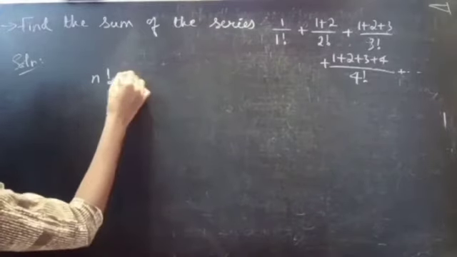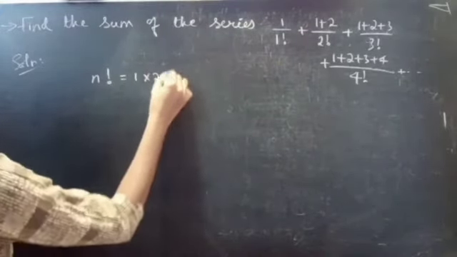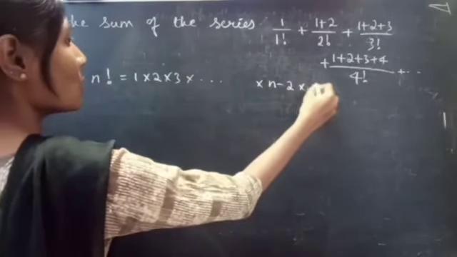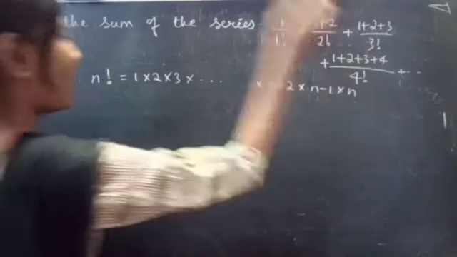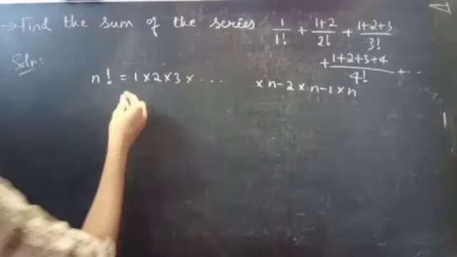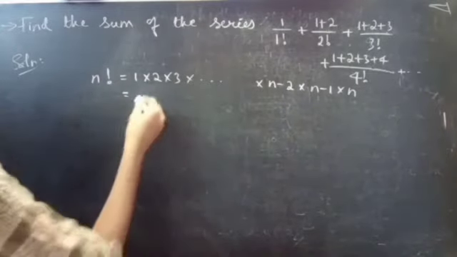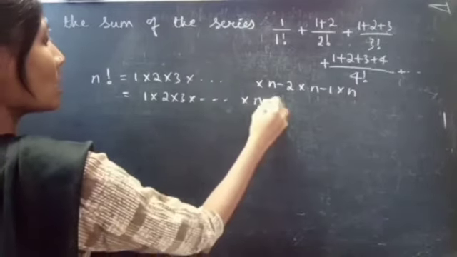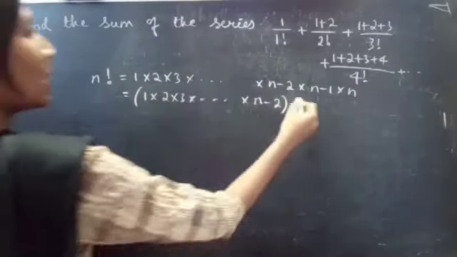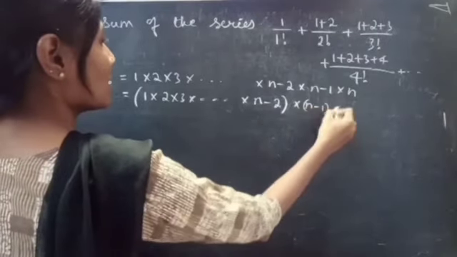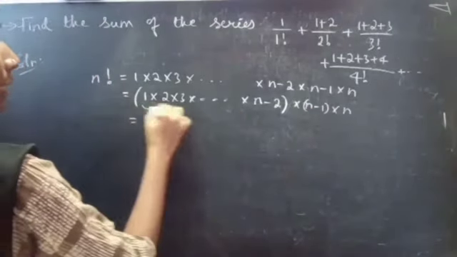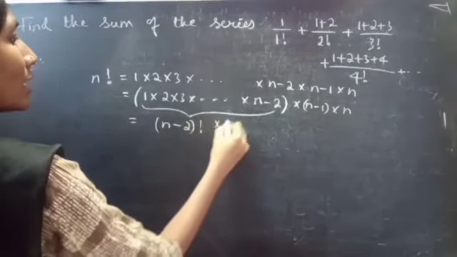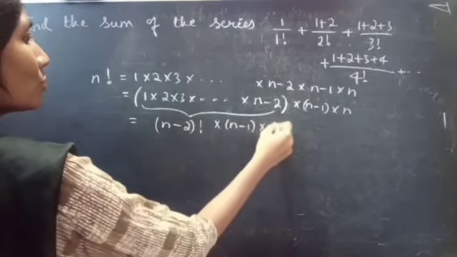The formula of n factorial is 1 into 2 into 3 into so on, n minus 2 into n minus 1 into n. We could write it as 1 into 2 into 3 into so on into n minus 2 into n minus 1 into n, which is n minus 2 factorial into n minus 1 into n.